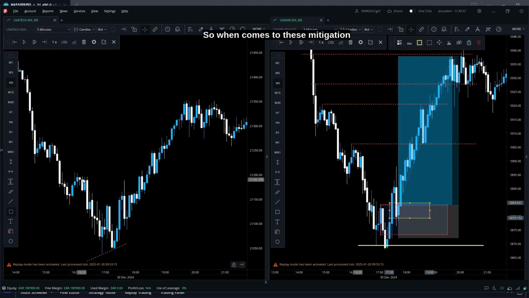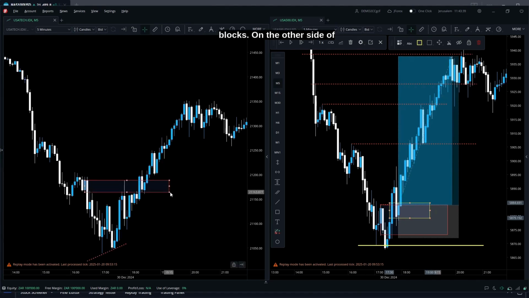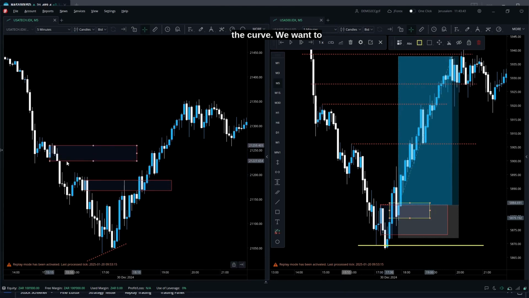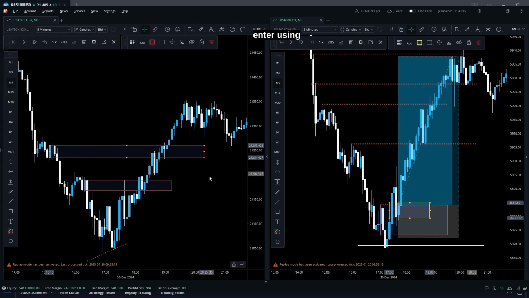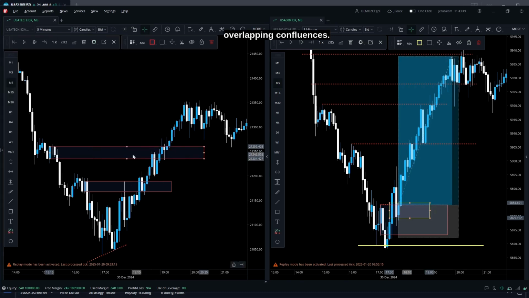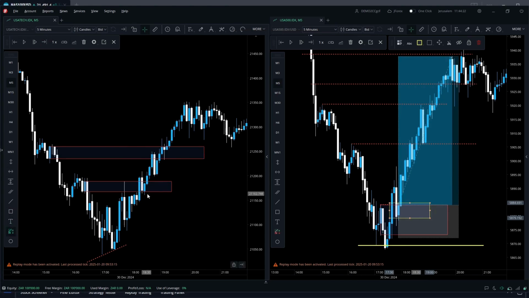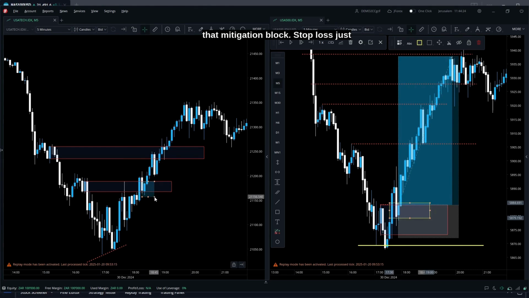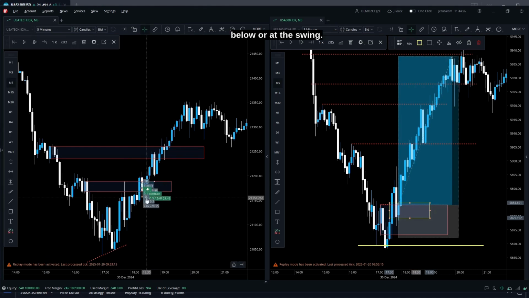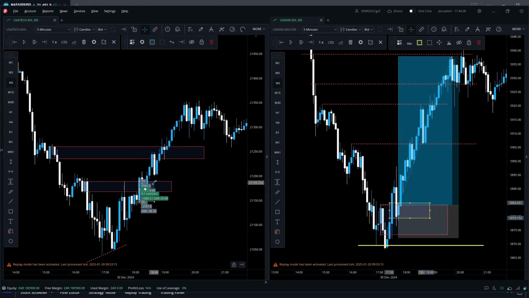So when it comes to these mitigation blocks on the other side of the curve, we want to enter using overlapping confluences. So we see price has revisited this area before. We can enter on that mitigation block, stop loss just below or at the swing.